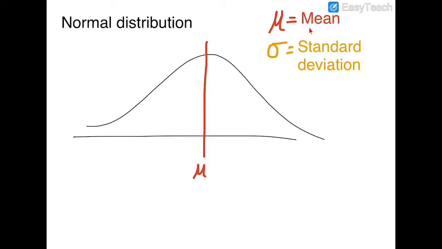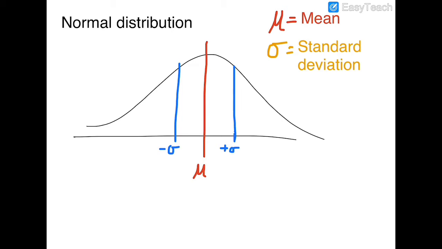What we're going to do with this standard deviation is add it to and subtract it from the mean. So we're going to find how much is one standard deviation over here, plus one standard deviation, and minus one standard deviation over here.